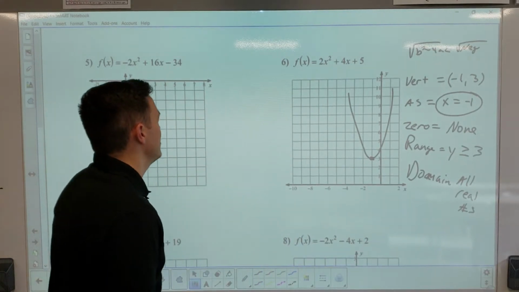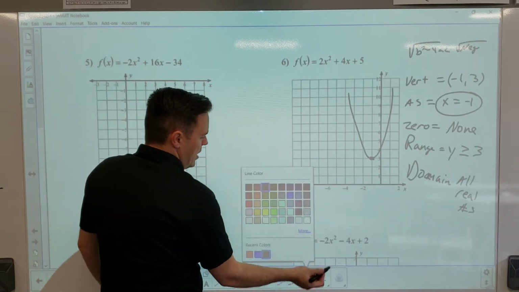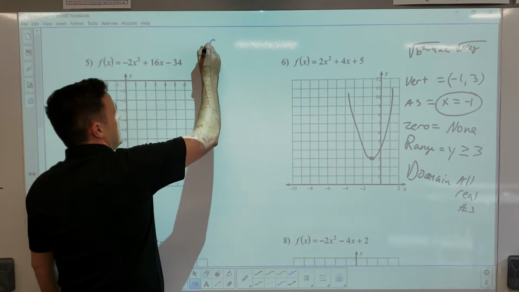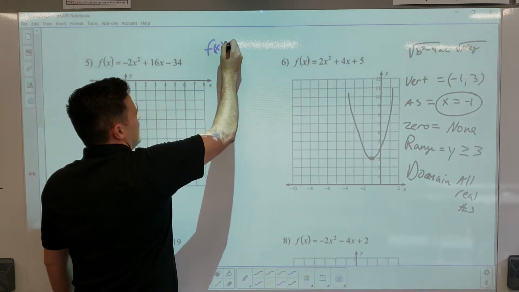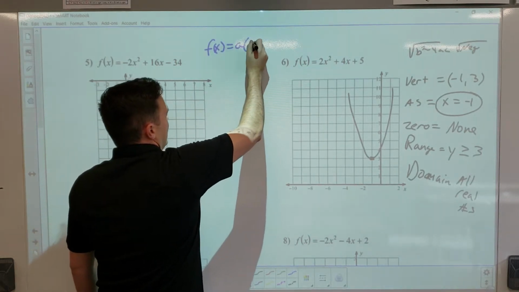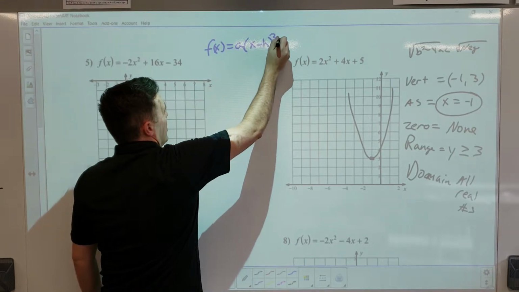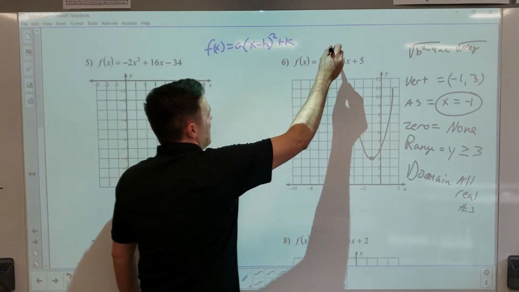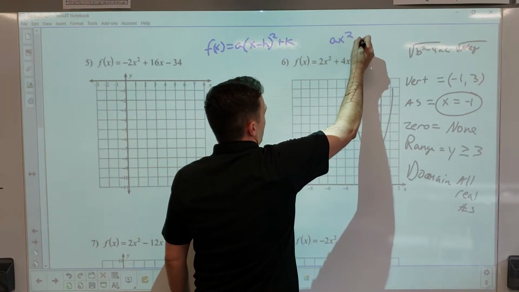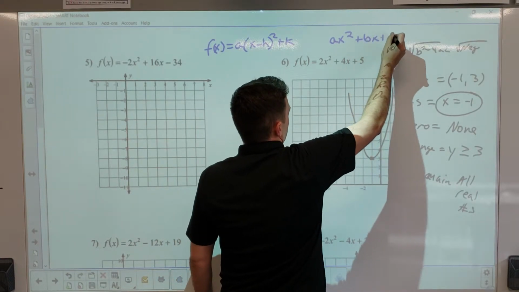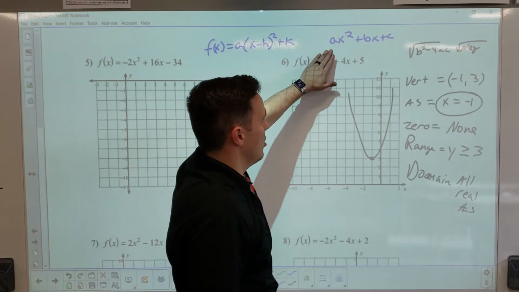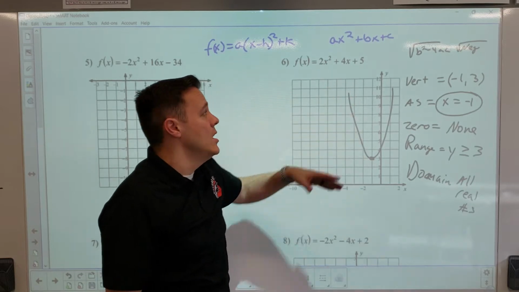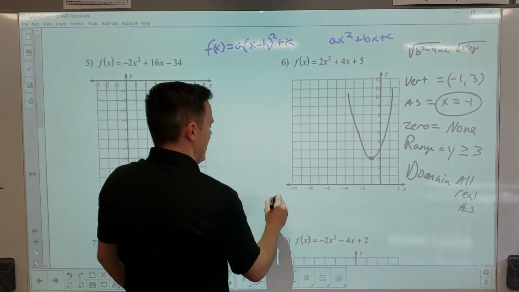All right, now we're going to write this in vertex form. Remember, vertex form from the front side is f of x equals a times (x minus h) squared plus k. And remember, standard is ax squared plus bx plus c. These are already written in standard form for you, but we're going to change it into vertex, and that's what's down here.